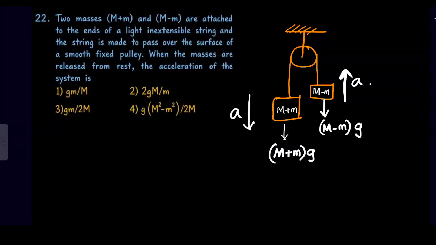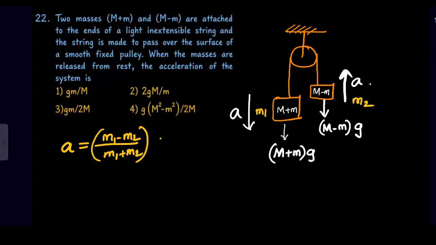So look at now here. In these cases, the formula you can remember easily. If we call this block mass M1 and this mass M2, this is one standard formula. Whenever we have the acceleration formula, it will be equal to M1 minus M2 by M1 plus M2 into g.